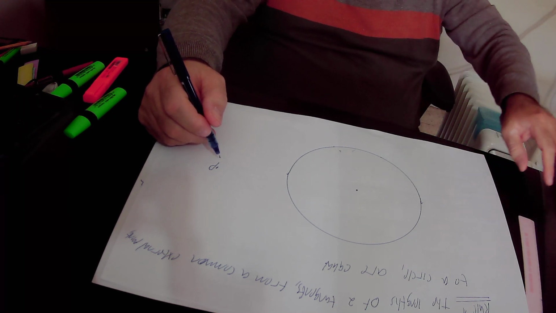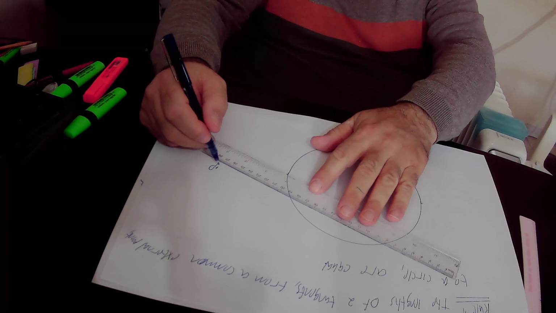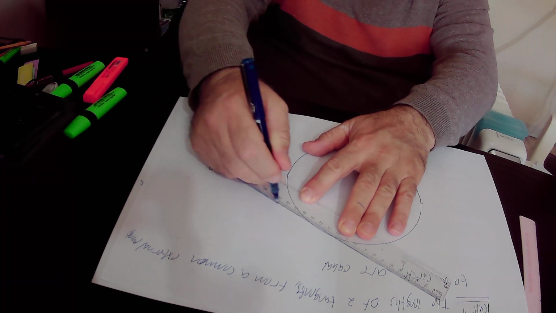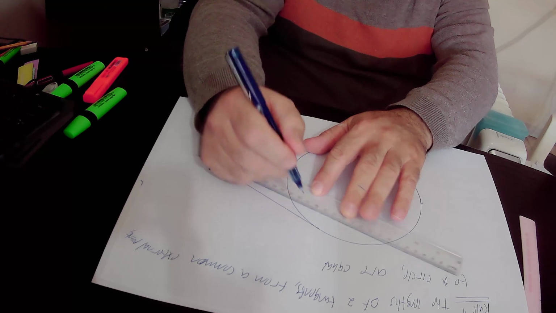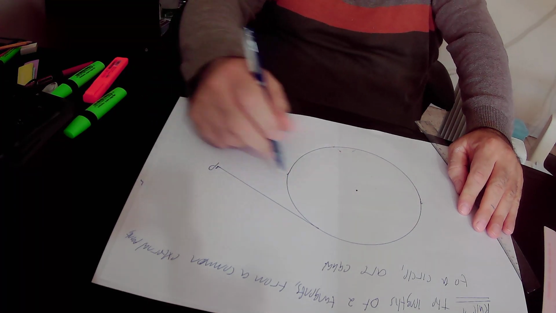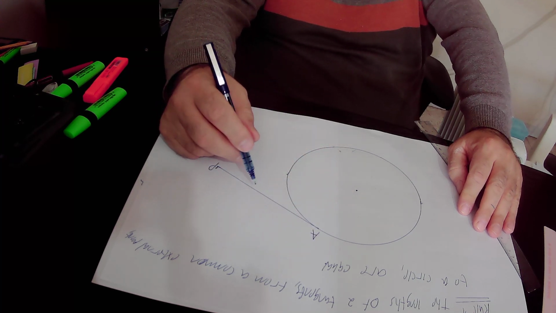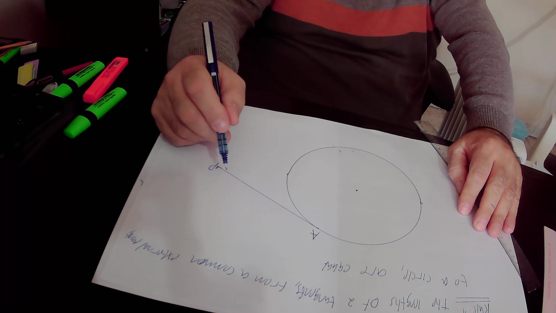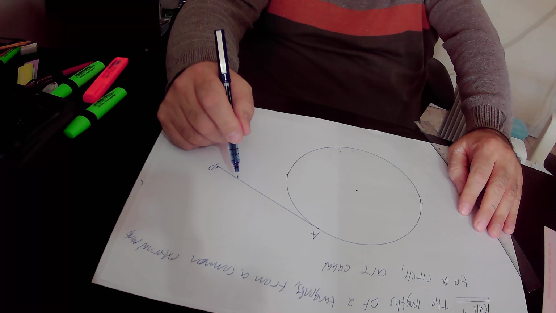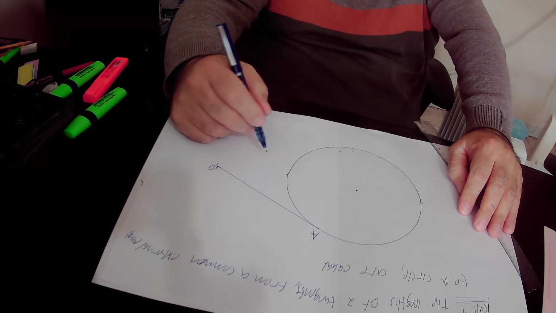So if from the external point P we draw two tangents to this circle, the first tangent will be this tangent, and we'll define the point of tangency of the first tangent with this circle as point A. We'll draw also a second tangent from point P to this circle.